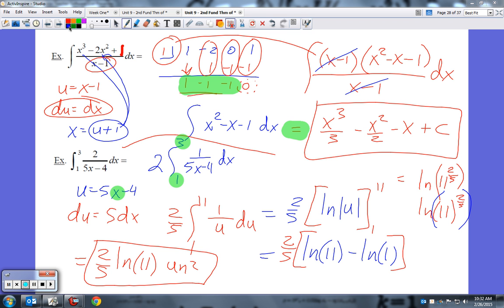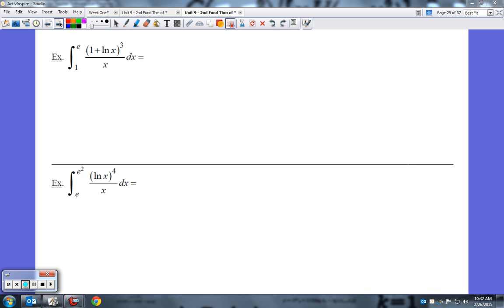Then the natural log is applied, if you didn't remember that from Algebra 2. Is the natural log of 1 to the 2/5 like this equal? No, that is something totally different. You're doing the natural log first, then the power. So PEMDAS, PEMDAS, PEMDAS.